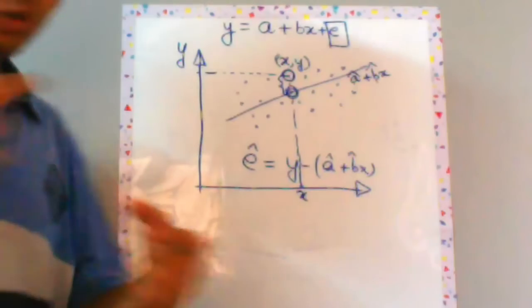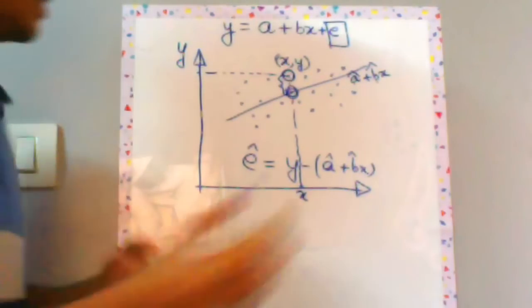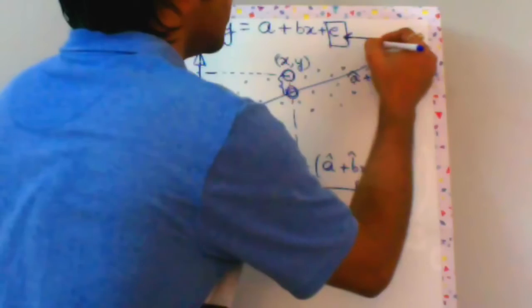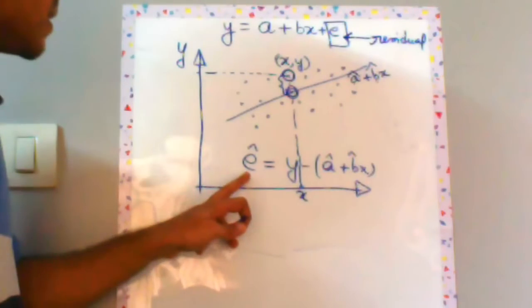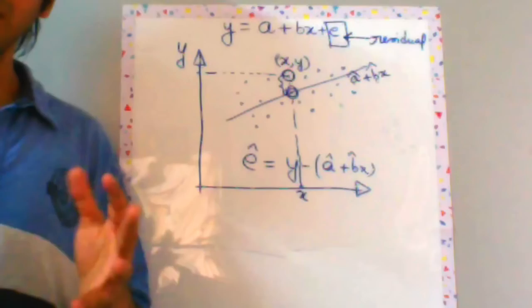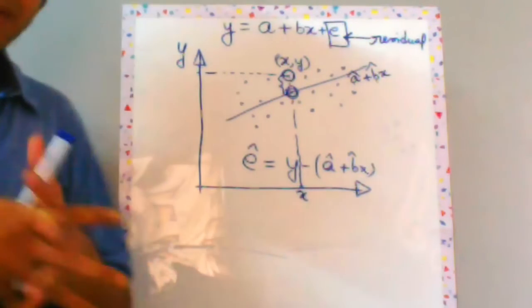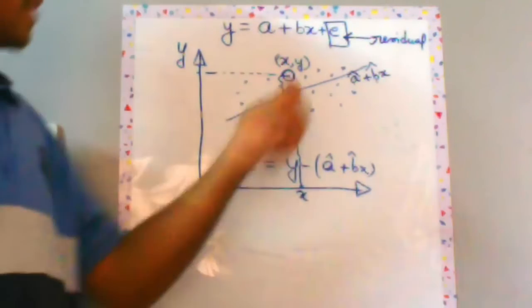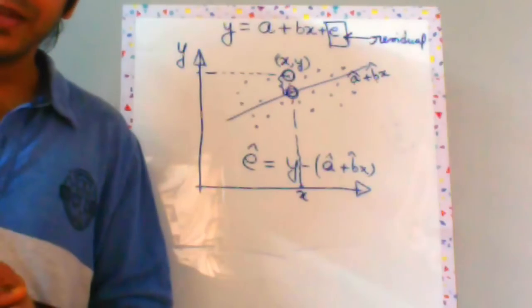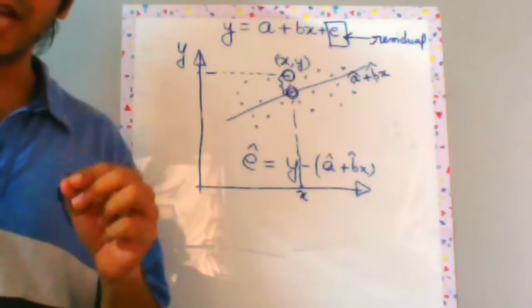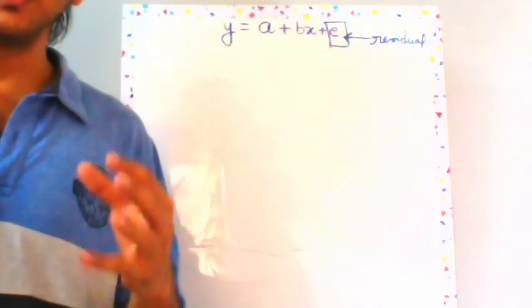So just to give you a new terminology over here, E is also known as residual. This is estimated residual. Estimated residual is the difference between the y values of the scatter plot and the line of best fit, and we have to minimize this E hat. Our task is to minimize E.